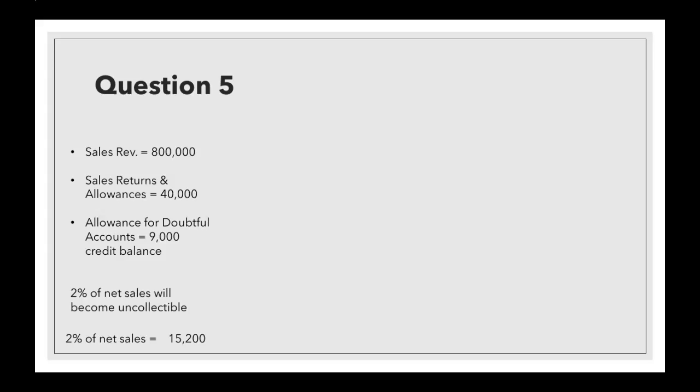Whenever you estimate uncollectible amounts, whether it's percentage of sales or percentage of receivables, we will be debiting bad debt expense and crediting allowance for doubtful accounts. Right? So bad debt expense, that's an expense account. So that's going up with this debit.